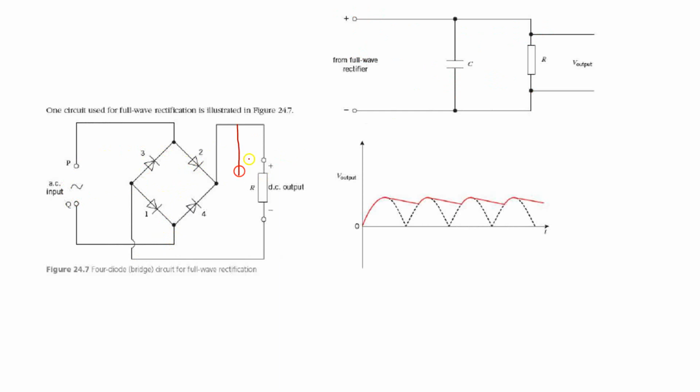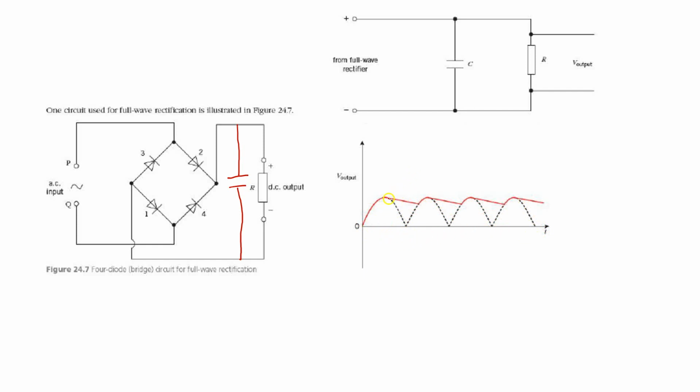All you would do is connect a capacitor. This is the symbol for a capacitor. You would connect a capacitor in parallel with the resistor, right? And when you do that, what you're essentially seeing here is that this would have been your regular full wave rectification, with the broken line.